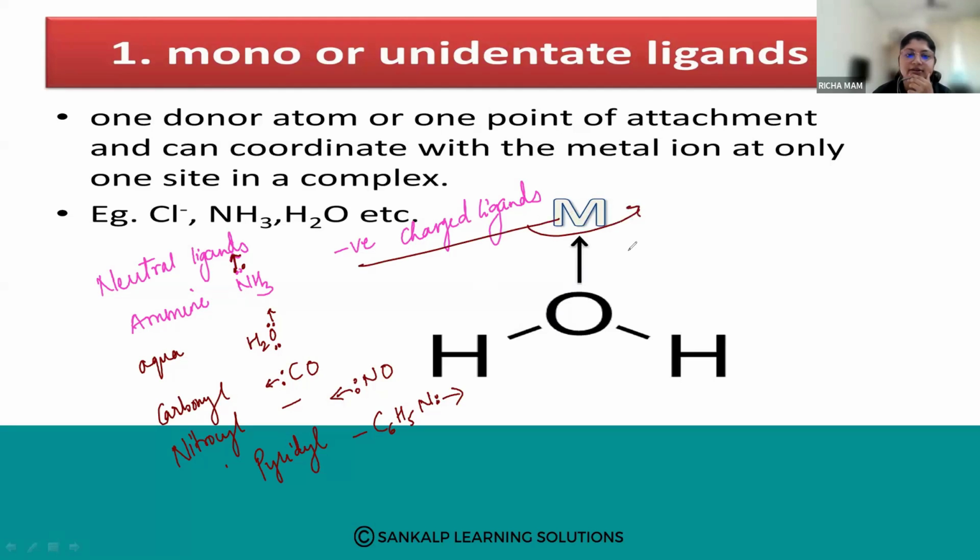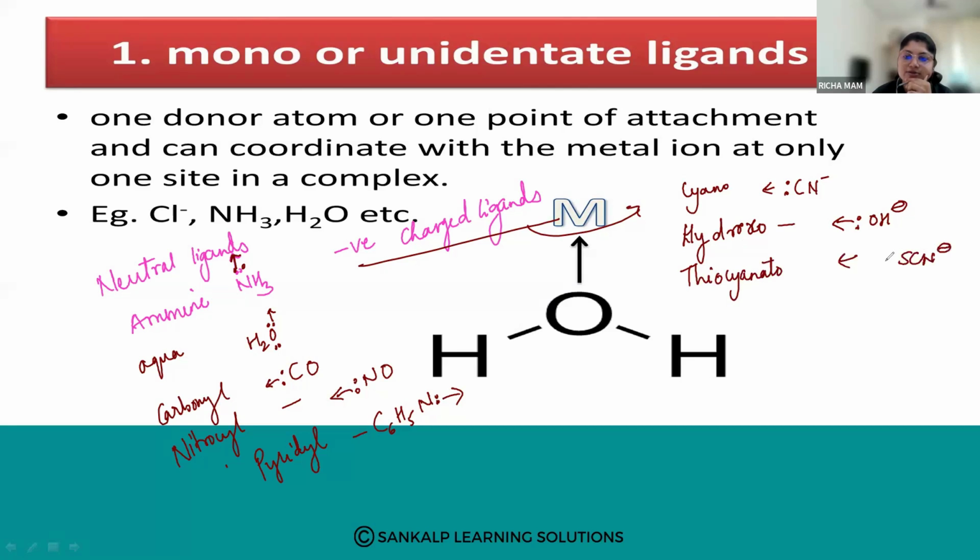Let me write the negatively charged ones here. Cyano, that is CN minus, where carbon is the donor atom. Then hydroxo, that is OH minus, where oxygen is the donor atom. Then thiocyanato, SCN minus, where S is the donor atom.